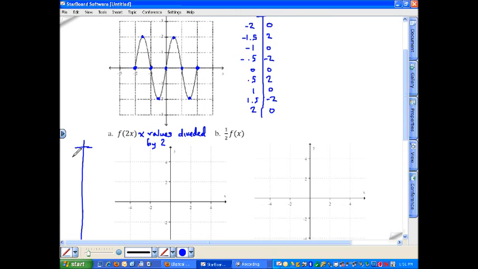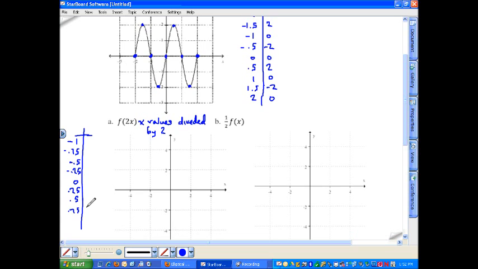So the -2 becomes a -1, -1.5 becomes a -0.75, and then -0.5, -0.25, and so on. And the y values remain unchanged.